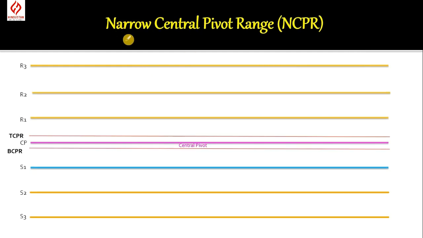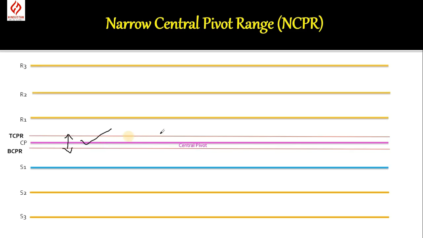And the next category is narrow CPR. When there is a very small gap between the top central pivot range and the bottom central pivot range, then we can consider that a narrow CPR, narrow central pivot range. And when you see a narrow CPR on your chart, it is not a strong support or resistance.